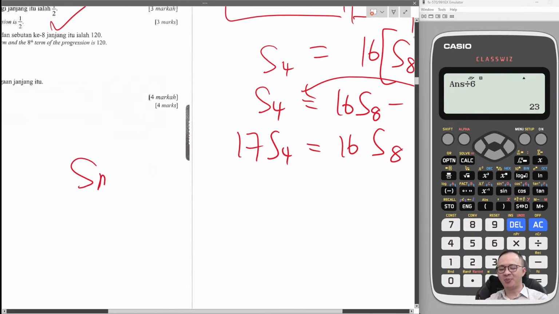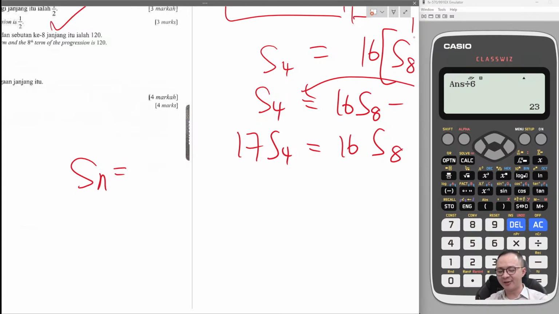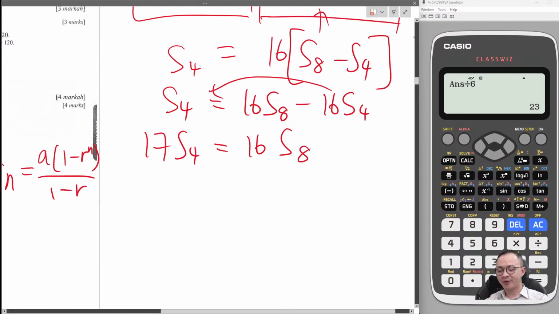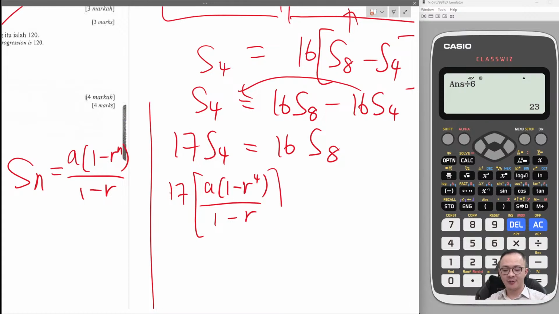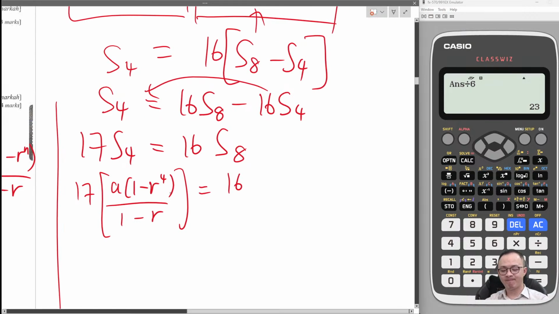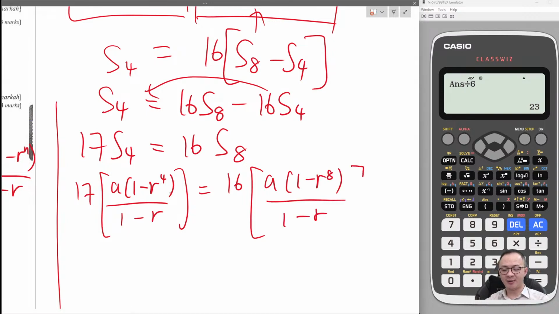Since they want me to prove r is 1 over 2, I will assume r is 1 over 2, so I use the formula for r less than 1. For my Sn, let's do it. So right now I should have a times 1 minus r to the power 4 over 1 minus r equals 16 times a times 1 minus r to the power 8 over 1 minus r.